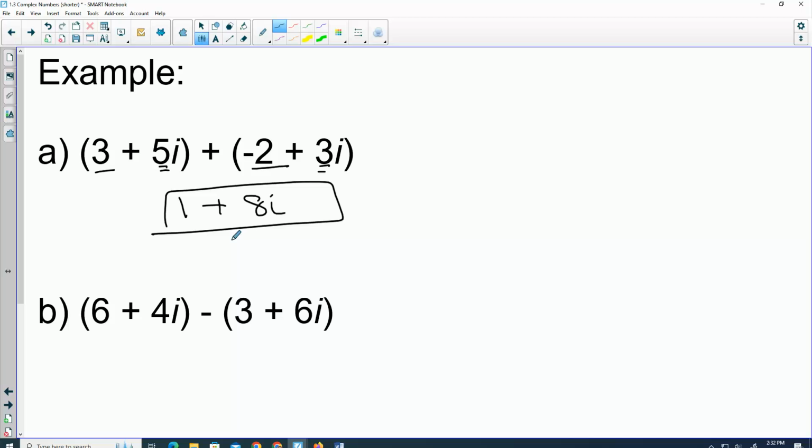How do we subtract? Distribute the negative. Yep, change that to a plus, take our negative through, and then it's just an addition column. 6 plus negative 3, 4i, and negative 6i.